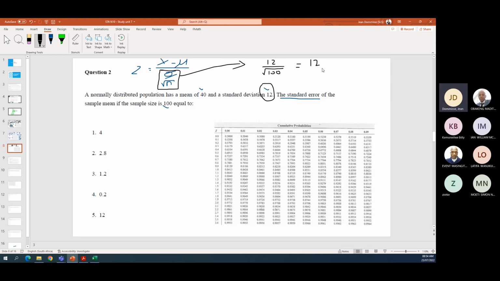So it is 12 divided by 10, and that will be 1.2.